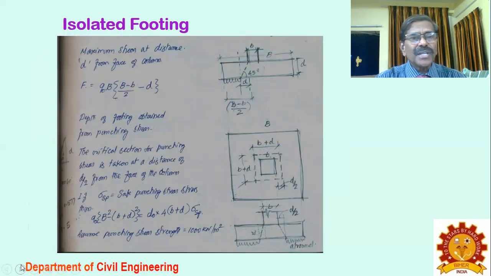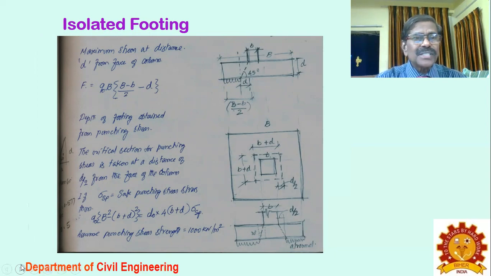The maximum shear will be after the 45 degrees dispersion of the concentrated load. So the shear will be B minus b by 2 minus d, where d is the depth of the footing. If you take the 45-degree distribution, the shear will act only after the depth d from the face of the column.